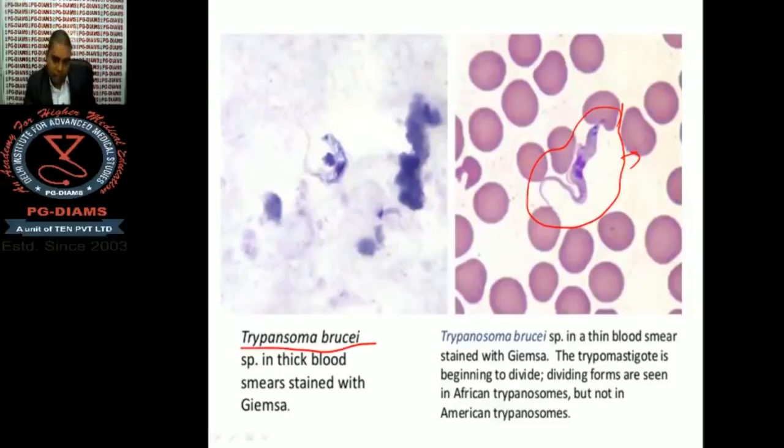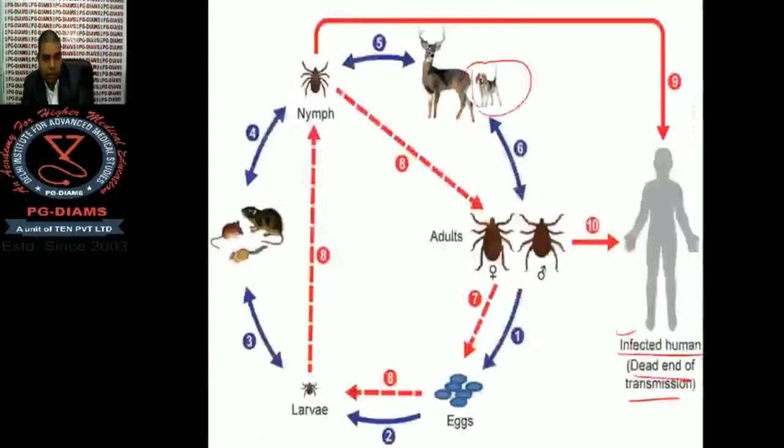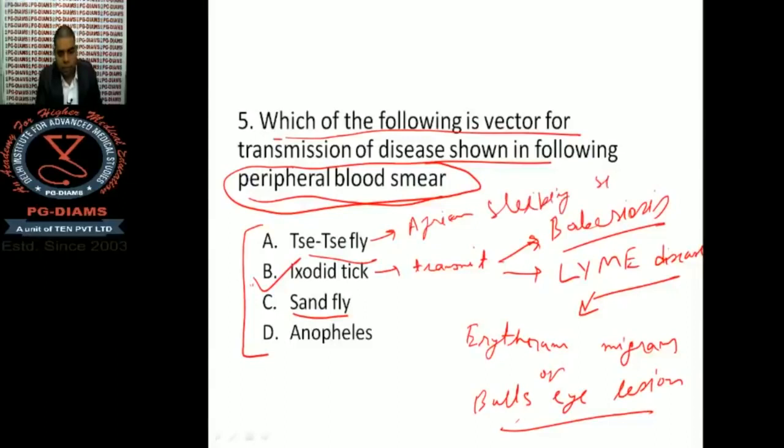Okay, simple. Now go to our third one, that is the sandfly. The tsetse fly, I told you, looks like a housefly and transmits African sleeping sickness, Trypanosoma brucei. Then sandfly.